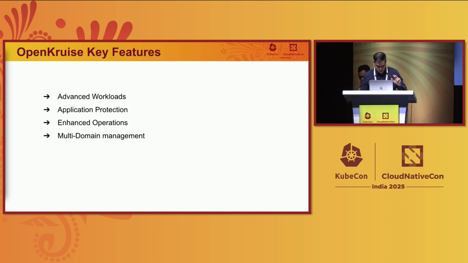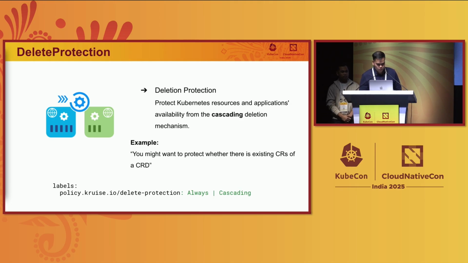Okay, thank you, Husni. So let's continue with delete protection. Delete protection is one of the application protection features offered by OpenKruise. This delete protection is really useful as a safety policy to protect our Kubernetes resources from cascading deletion. And it is supported for namespace, CRD, deployment, StatefulSet, and also ReplicaSet.